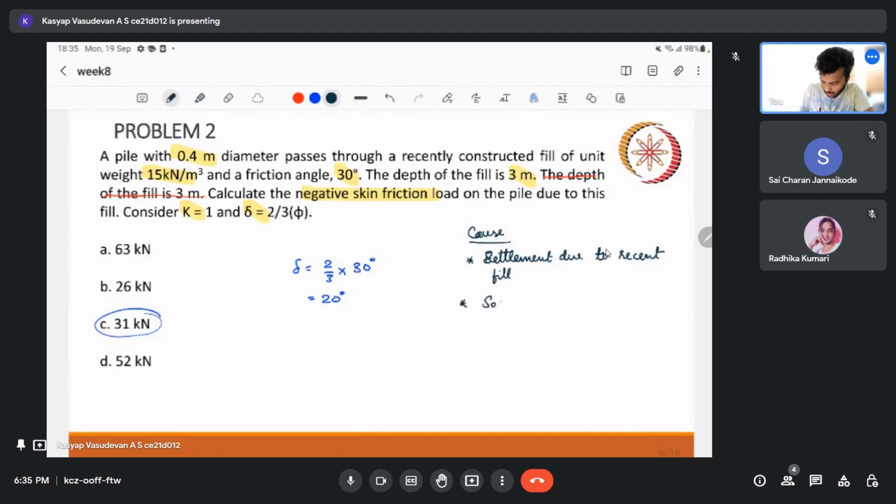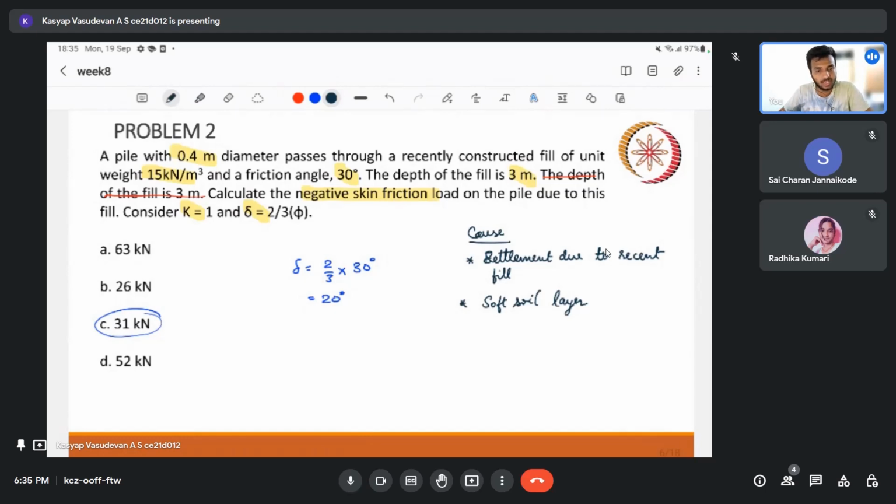or it can be a soft soil layer. There are some soils which are very soft. It could be at the top or in between in the stratigraphy, and that can cause higher settlement, so the speed of the settlement will be higher than the pile.